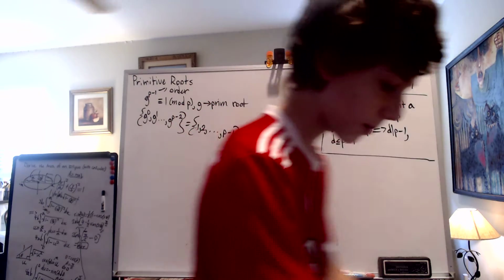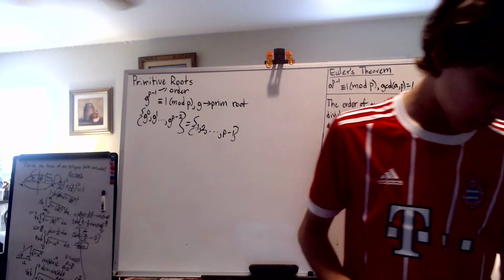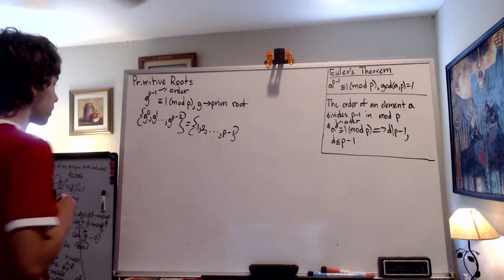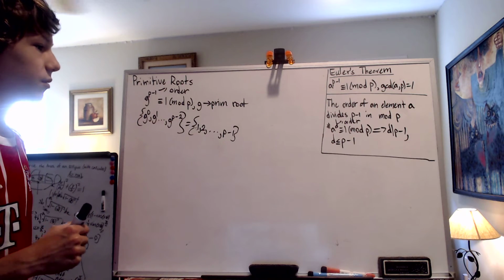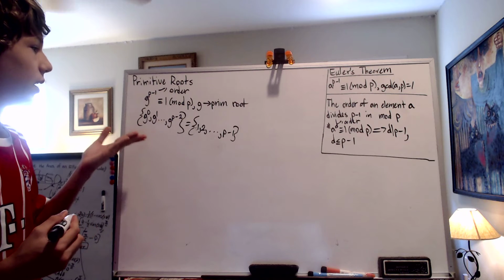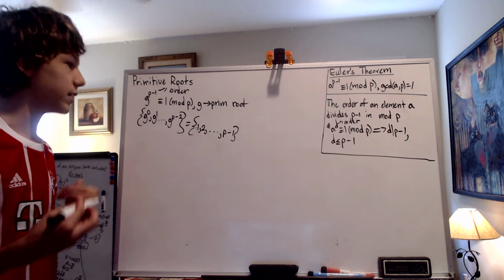Okay, so now let's take a look at an example. We're going to take a look at this example, which is going to be mod 7. The reason being is we want to consider a different way of viewing multiplication mod p, and namely, that is as addition.